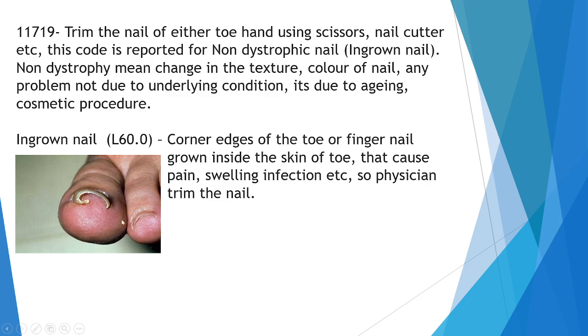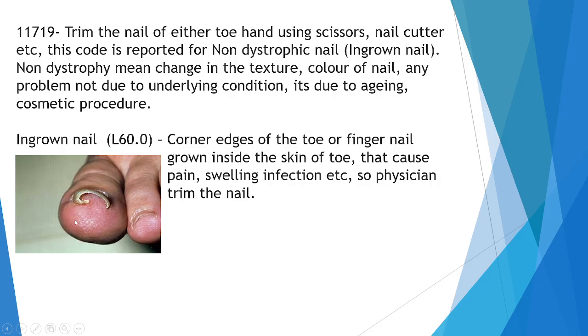It is on a toe, but sometimes it is on the fingernail also. Sometimes the corner edges of the nails grow inside the skin of the toe or finger, causing swelling and infection, so the physician will trim that nail. For that purpose, trimming of the nail is performed.